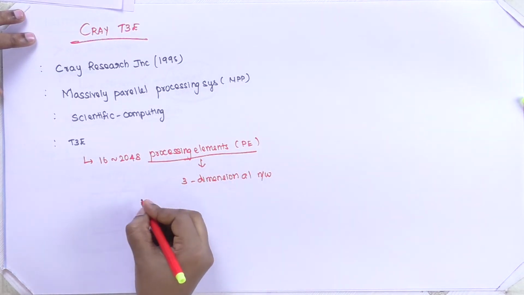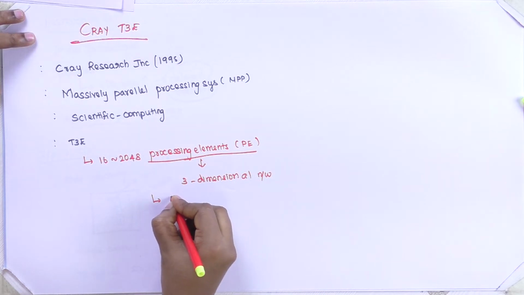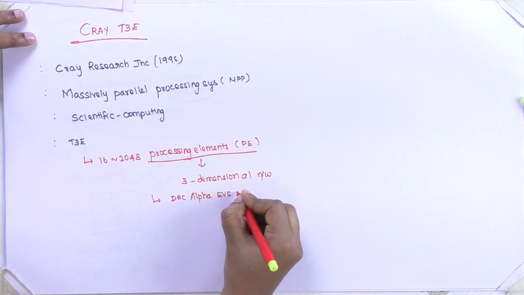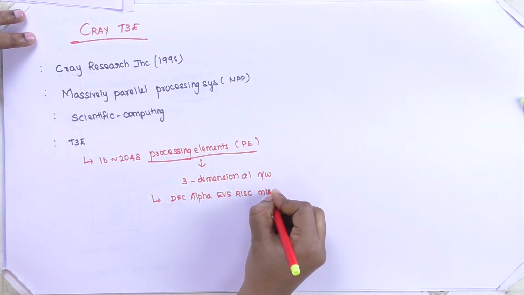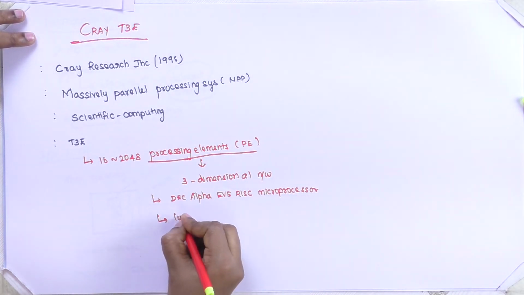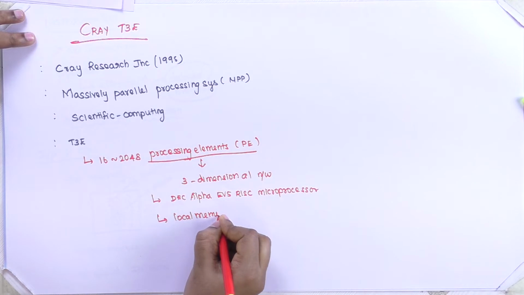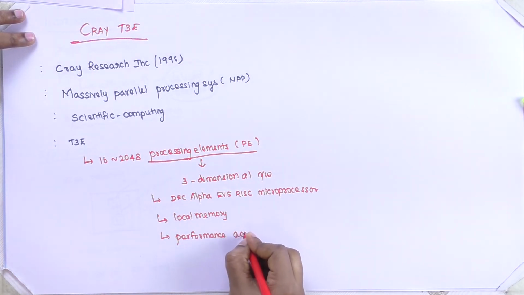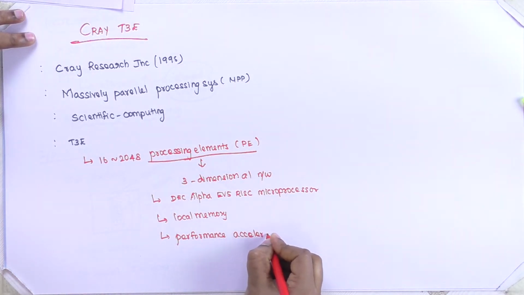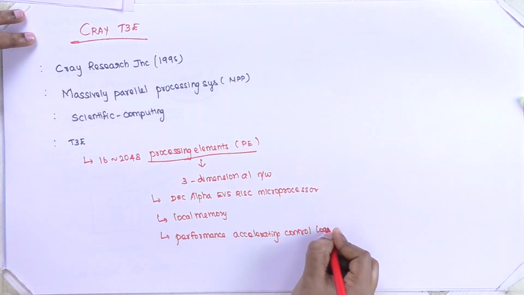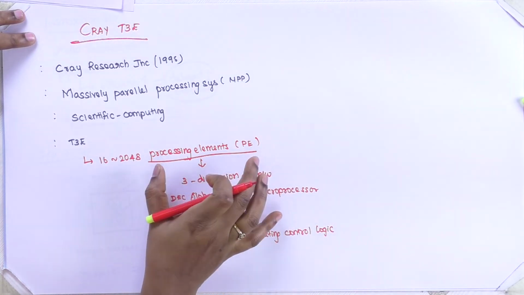Each PE contains a DEC Alpha EV5 RISC microprocessor, then a local memory, then performance accelerating control logic. So each PE contains all these things. It is like a small computer.